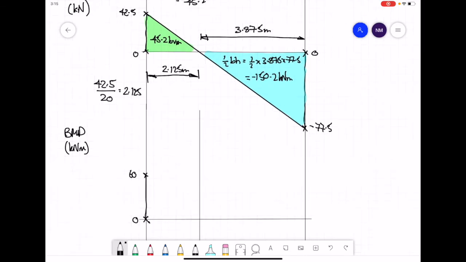To that, we're going to add the first of our areas by the time we come to the crossover point on our shear force diagram. So 60 plus the 45.2 will give you a value of 105.2, which would be about there.